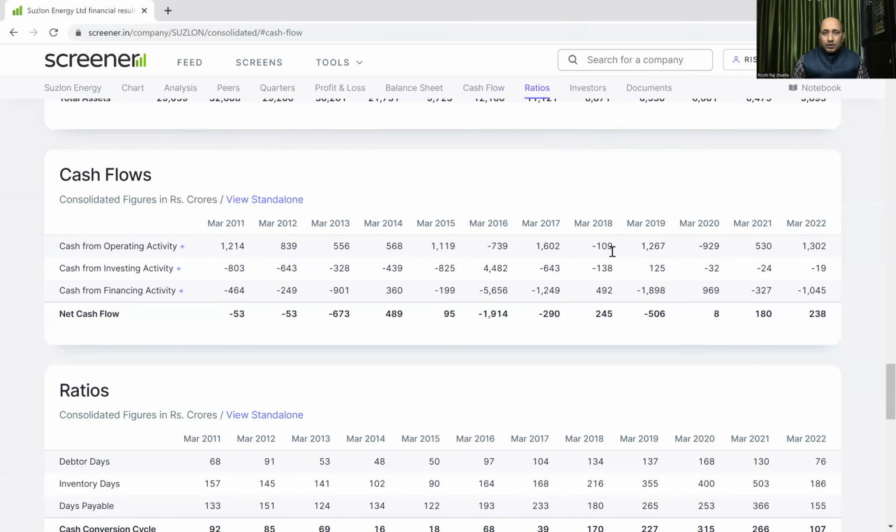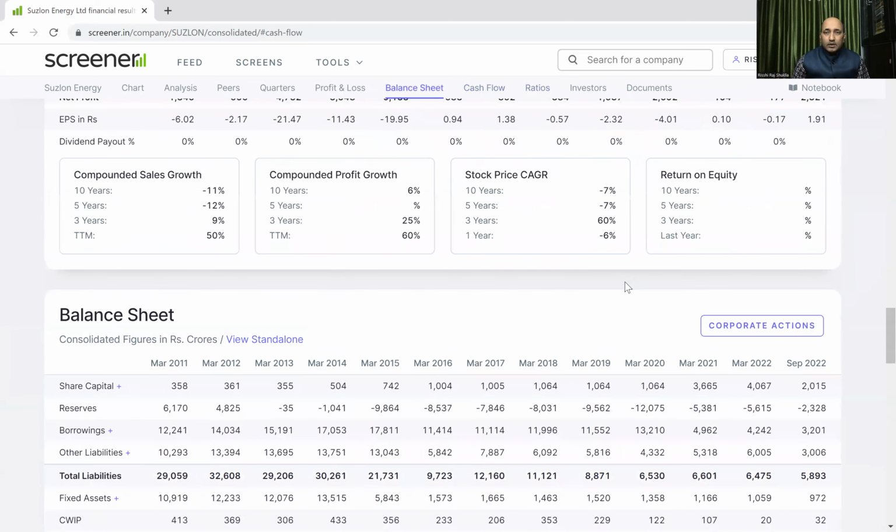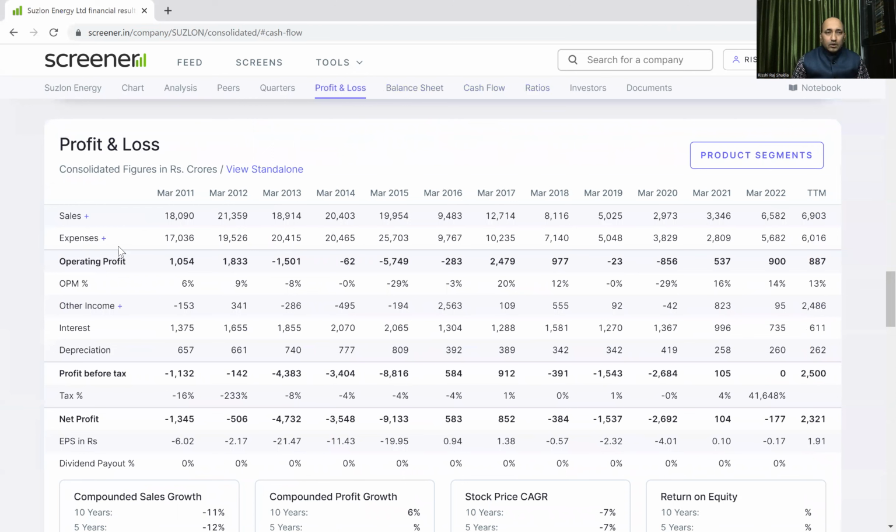And then afterward negative, positive, negative, positive again. So there is negative in so many places, and we have to see whether the corresponding liability is matching with cash flow or not. Sales we can see in a constantly decreasing trend, with only some increase here, but almost all decreasing.